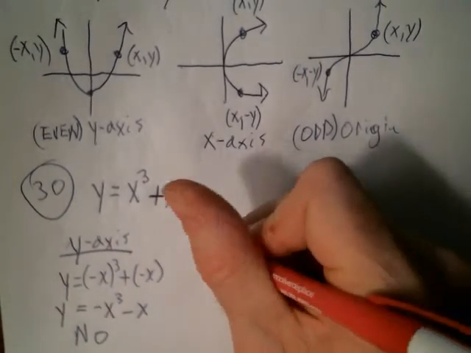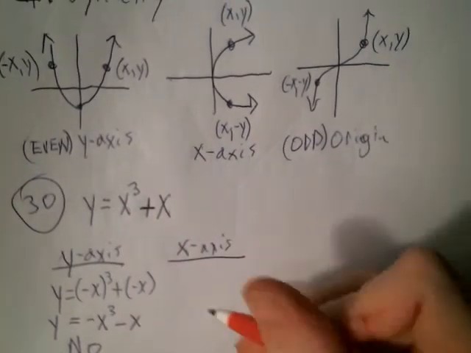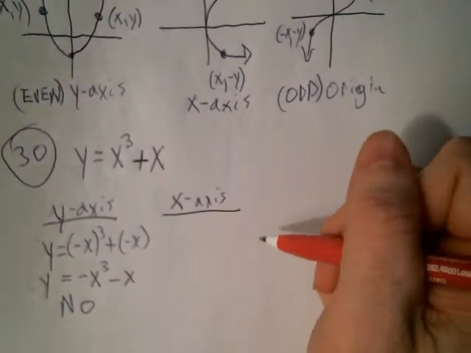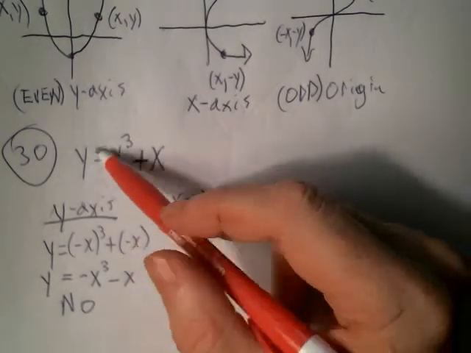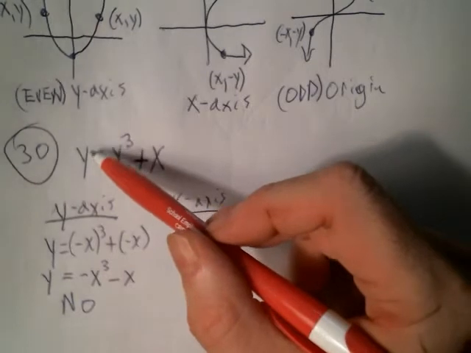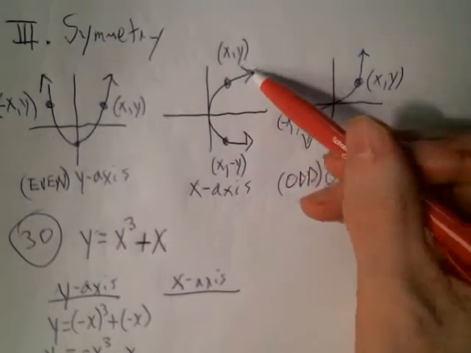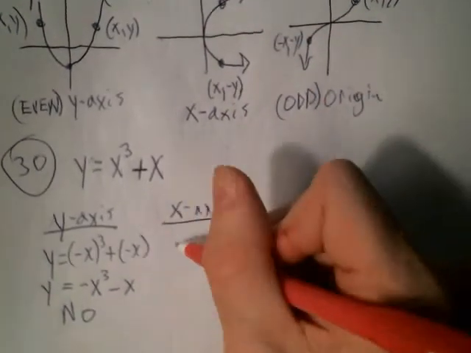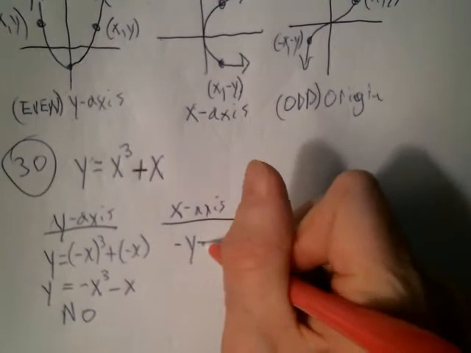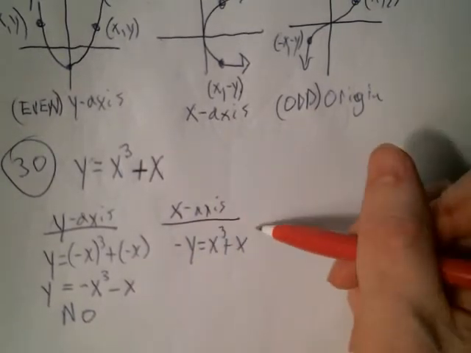Then you go to x-axis symmetry. I would say no as well. So for x-axis symmetry, you have (x, y), and you're going to replace the y with -y, right? So I'll have -y equals x cubed plus x, and then we take a look at this and this.